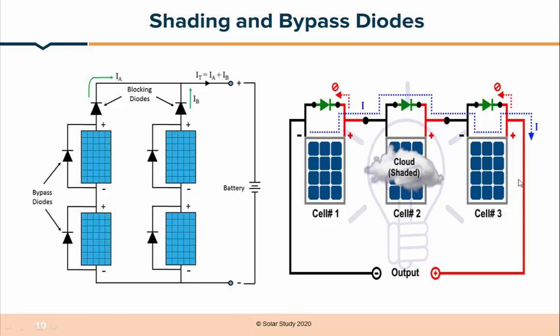When solar rays are incident, the cell produces current like this. Now it is shaded, so current can't go through this solar cell, so it takes this path. Then again it generates current, this adds up and completes the circuit. That is the main motive of placing a bypass diode.